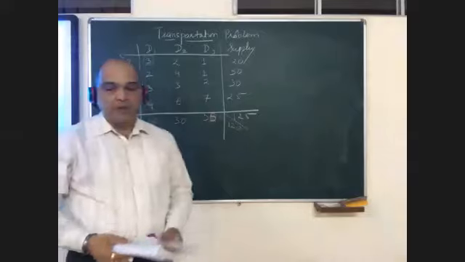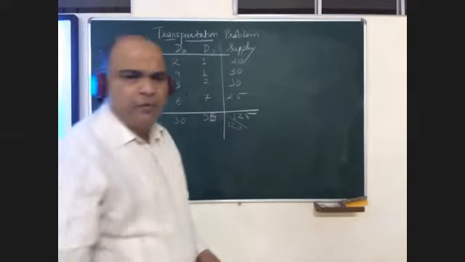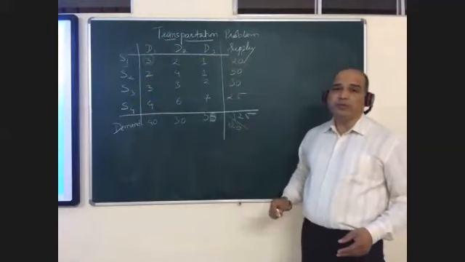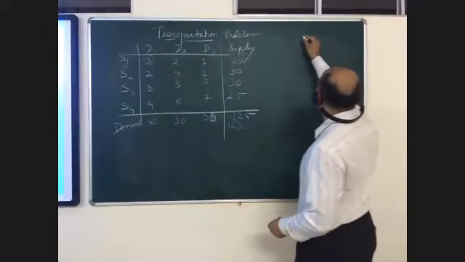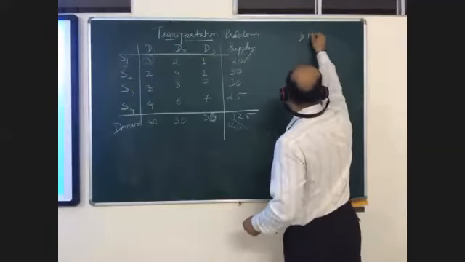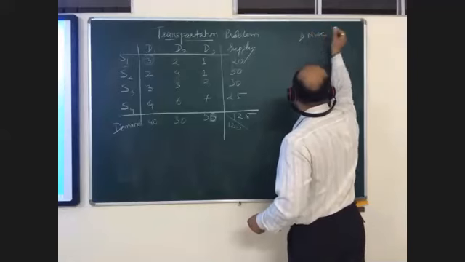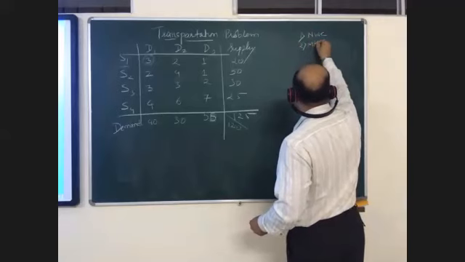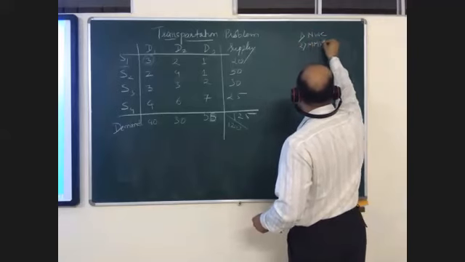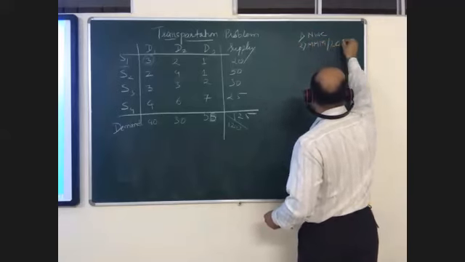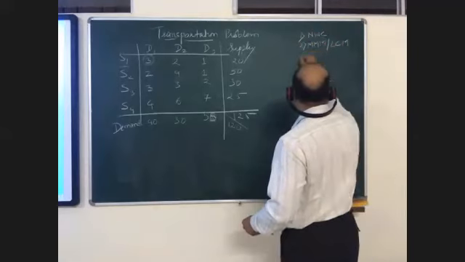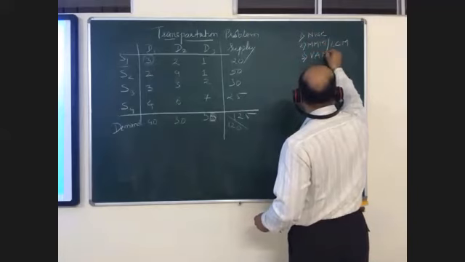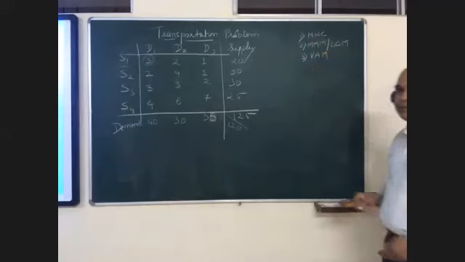Now, before moving ahead, there are different methods to solve transportation problems. The first method is northwest corner method. Second is matrix minimum method or least cost method. And third is Vogel's approximation method.